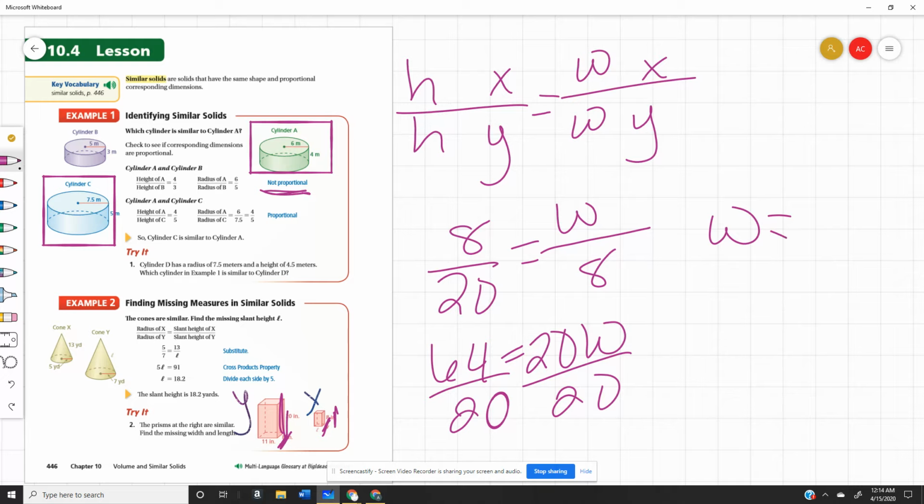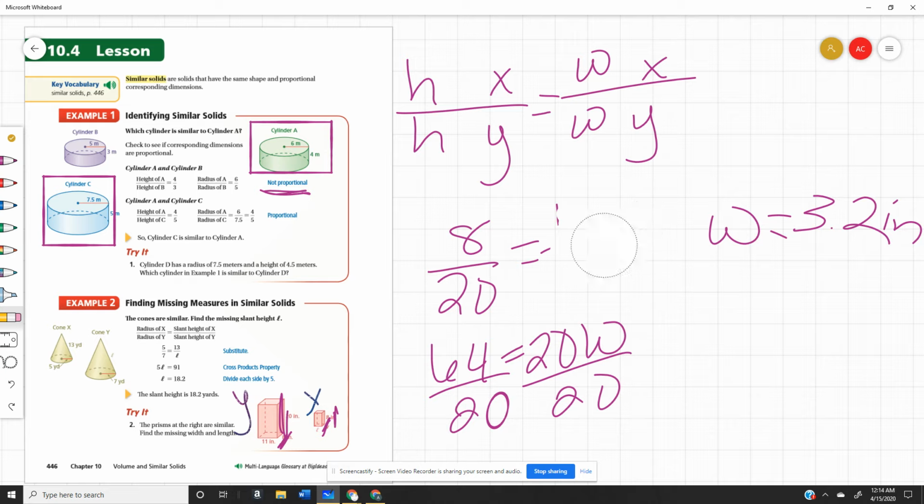W equals, what is that? 64 divided by 20 is 3.2. So our width is 3.2 inches. Okay? Now let's find our length.